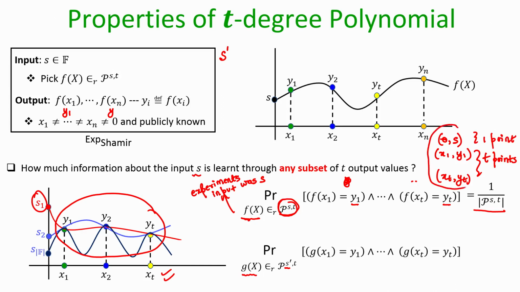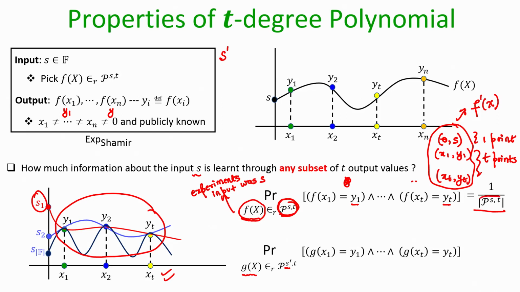Through these t plus 1 points, there can be only one t degree polynomial, call it f prime of x, passing through all t plus 1 of them. There cannot be multiple polynomials whose constant term is s and which pass through (x1, y1), (x2, y2), up to (xt, yt). But I am choosing the polynomial f of x randomly, so my sample space here is the set of all possible t degree polynomials whose constant term could be s.